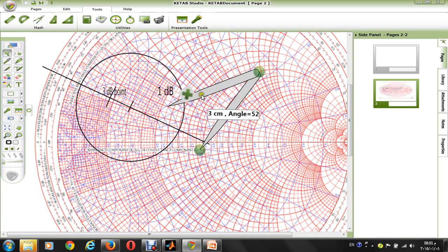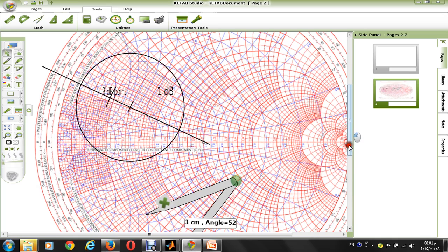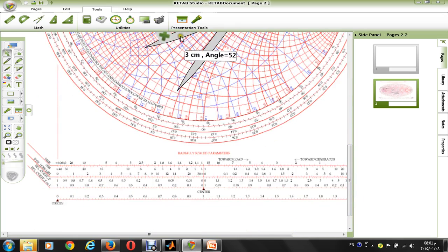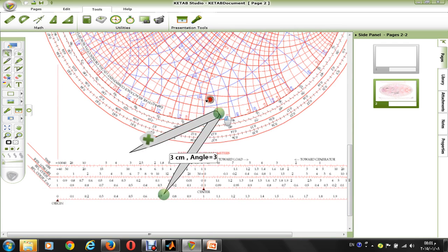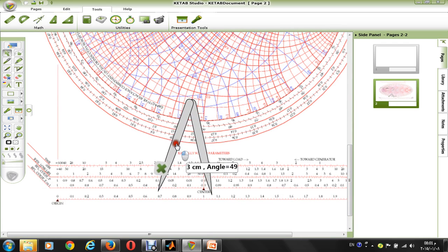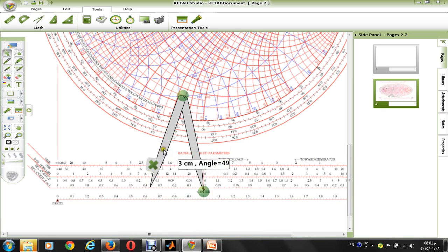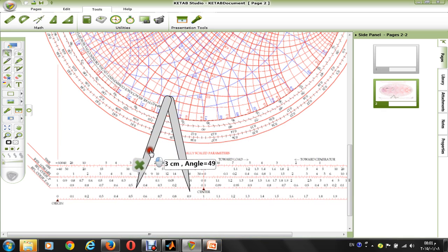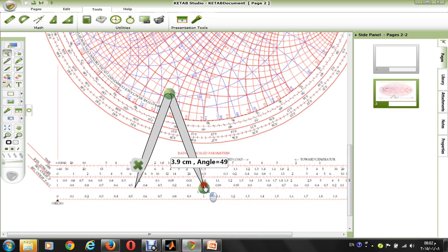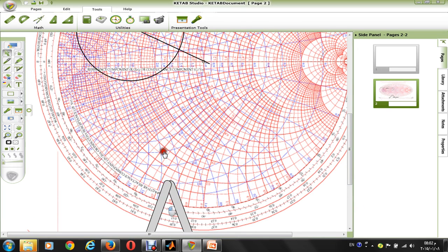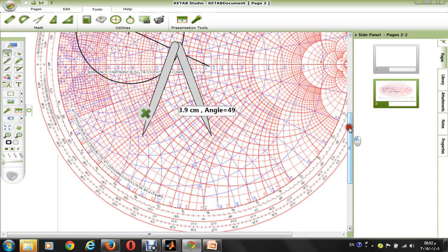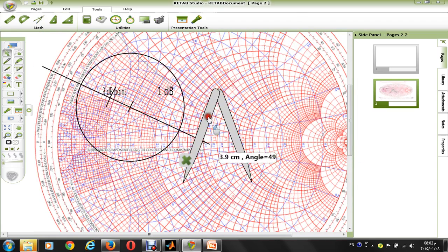For the 0 dB, I repeat the same steps. Okay, I open here. We find that the distance is 0.471. This is 6. Here is 7, on the reflection coefficient scale. I go back here to the center.